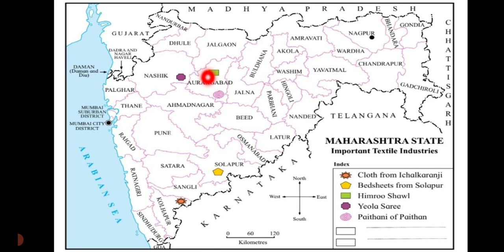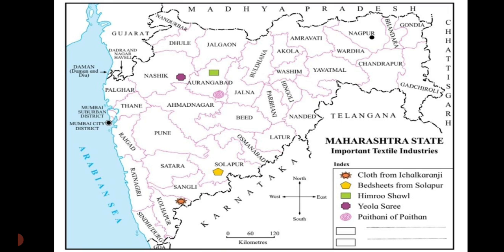Himru shawls from Aurangabad is shown in a green rectangle. So here. Yeola sarees and Nasik and Paithani of Paithan you will get to see with a pink color symbol here. So this way the map tells us what kind of industry is set up in which part of Maharashtra.